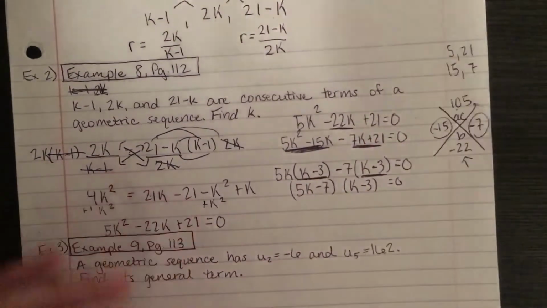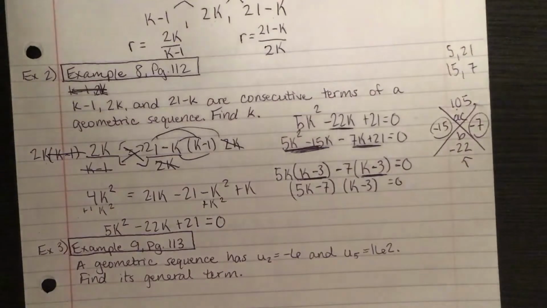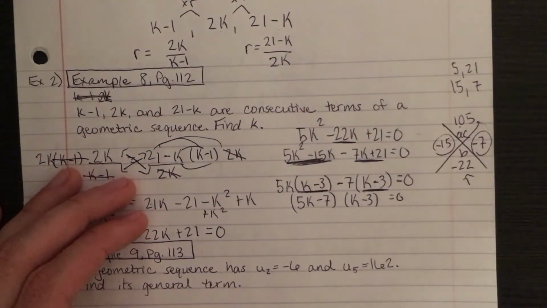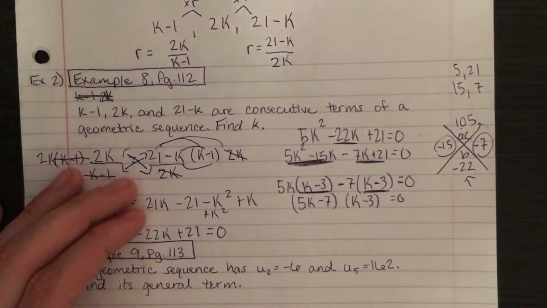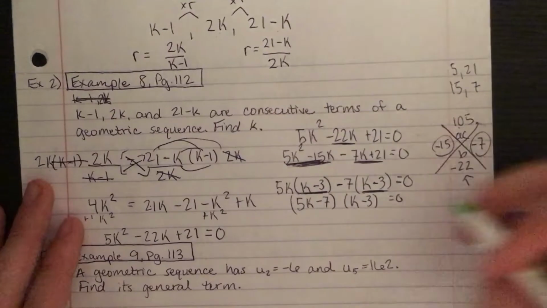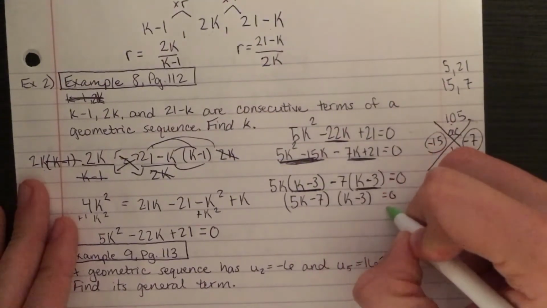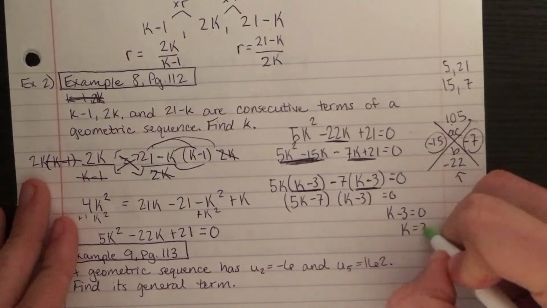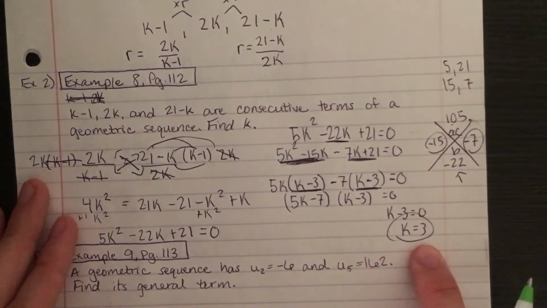Now, what we were trying to do here was find values of k that would make that sequence geometric. Don't forget what we were trying to do here. So this one's real easy. We say k minus 3 equals 0. So one value that's going to work for k is 3.